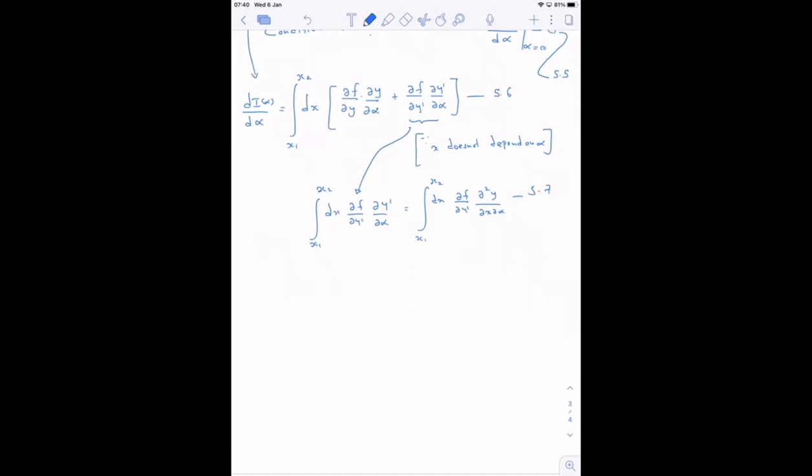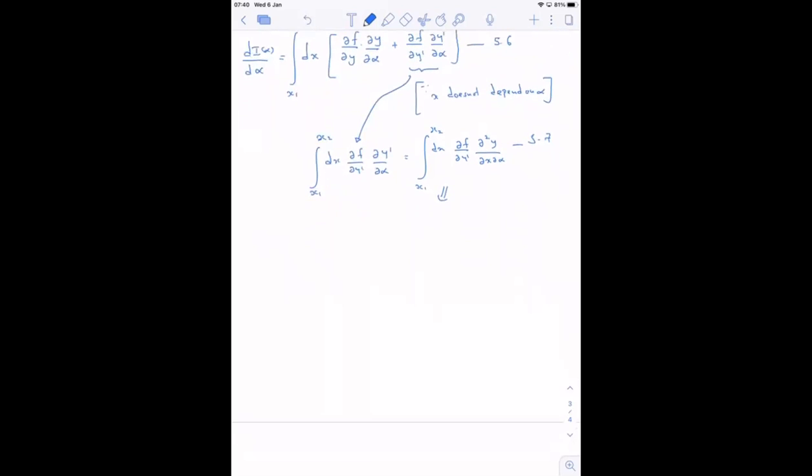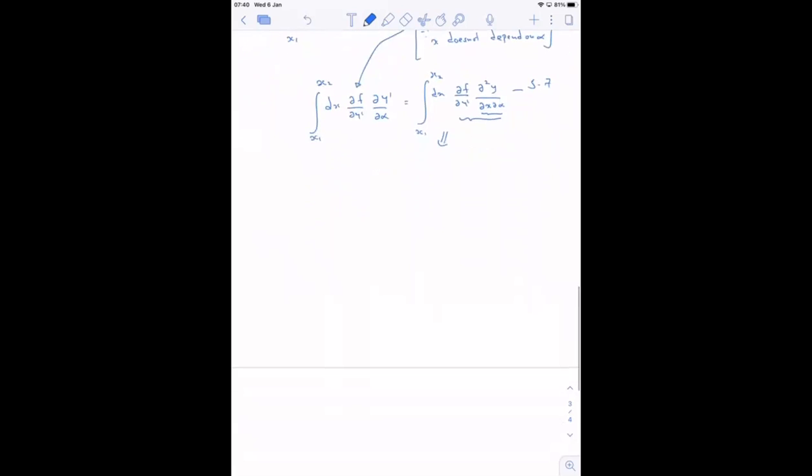Now if I apply integration by parts for this expression right here, you can see that it is easy to apply and do the integral. Because of this expression right here, you can directly apply it. So let me write it using integration by parts.